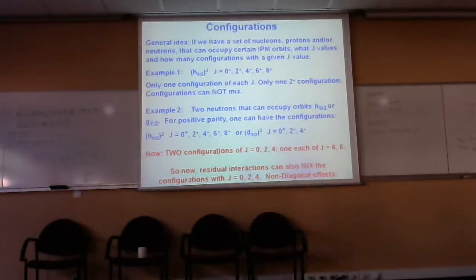So if we have a residual interaction, it can mix the configurations of the 0, 2, and 4. That's a non-diagonal effect of residual interactions in addition to any energy shifts. And that becomes important once you allow particles to occupy multiple orbits.